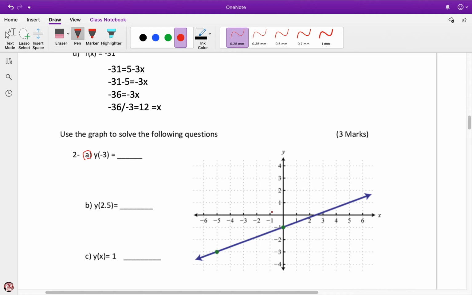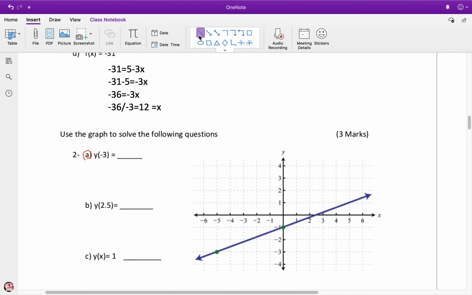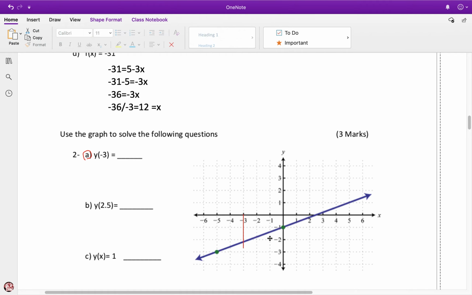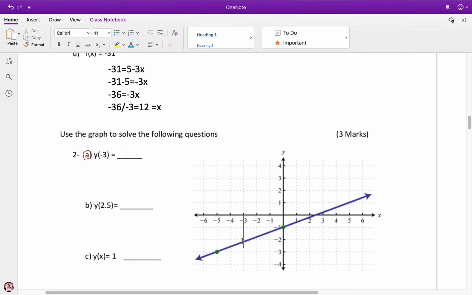I'm going to go to negative 3 here. If I go to negative 3 and I go straight down, right, and then I go, so therefore, if I look at negative 3, my answer is negative 2.